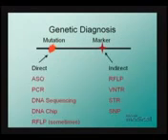What kinds of tests do we use for direct and indirect testing? On the left-hand side of your screen is a list of some techniques used for direct testing. ASO probes, that stands for allele-specific oligonucleotide probes. Allele-specific oligonucleotide probes are artificial probes that we can make in the laboratory using our gene machines or oligonucleotide synthesizers.